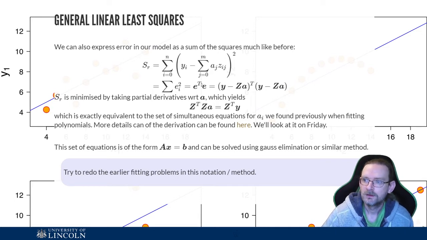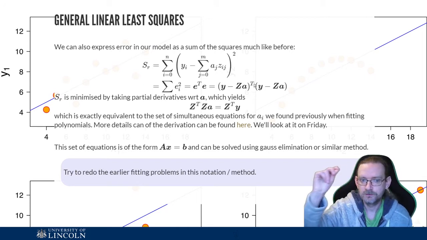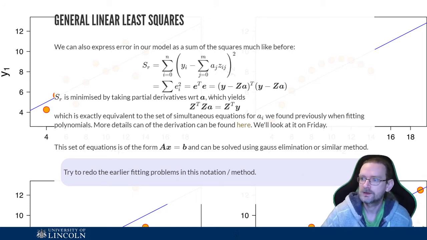It's the transpose of the error vector, all written out, replacing my previous expression, the vector version of it. It's y minus z, which is this matrix containing the basis functions evaluated at each of the different points. The transpose of that times that.